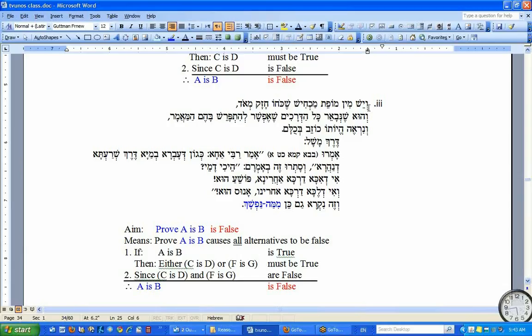Okay? V'yesh min mofas machi shekocho chazak ma'od. There's a syllogism which destroys a statement that's very, very powerful. V'hu keshenisbayer kol haderachim she'efshar leforish behem hamamar.